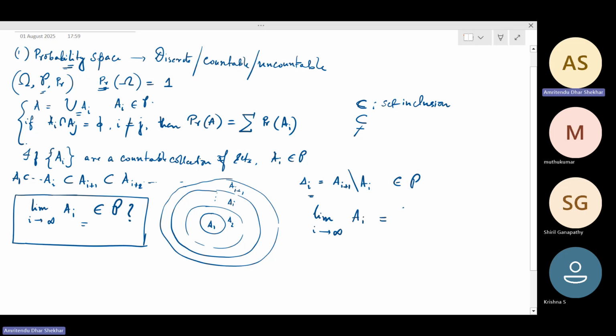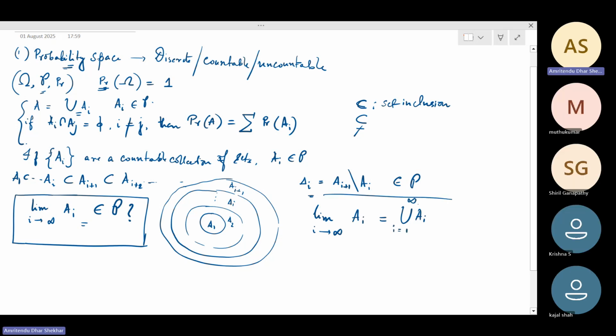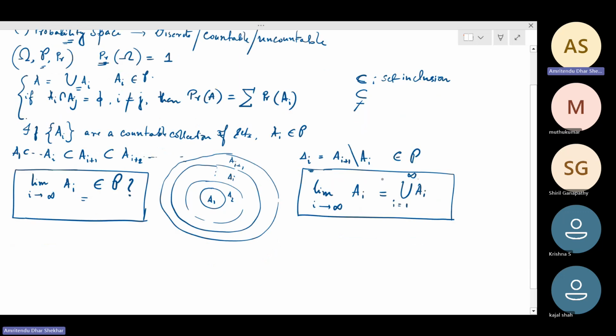This is equal to the union of these A_i. I hope it's clear to you why this is the case. If it's not, you can stop me and I can explain in some detail. Otherwise, I assume that this is obvious to you.